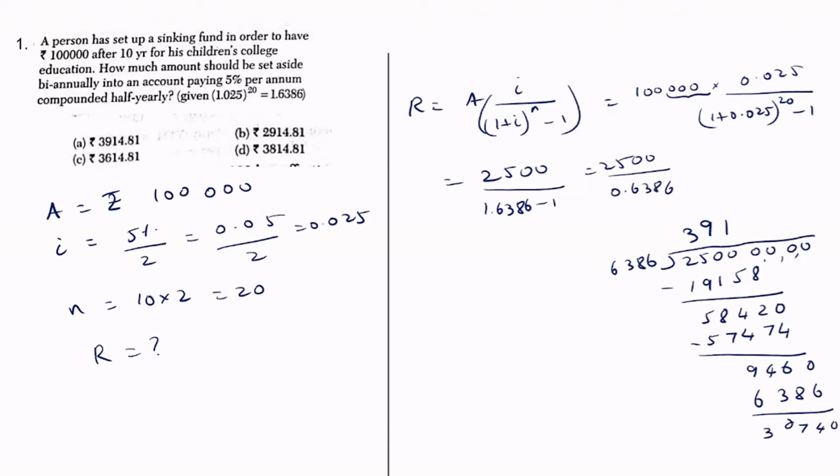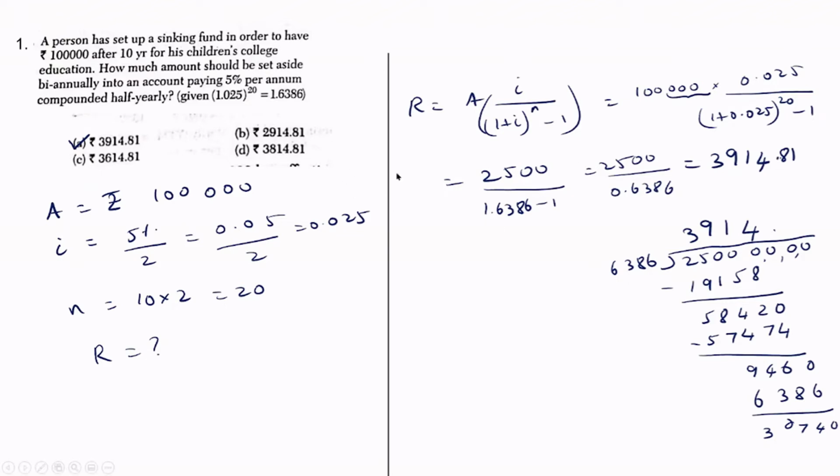If we bring the next 0, here we have, so the correct option is option A, 3914.81. So this is equal to 3914.81.